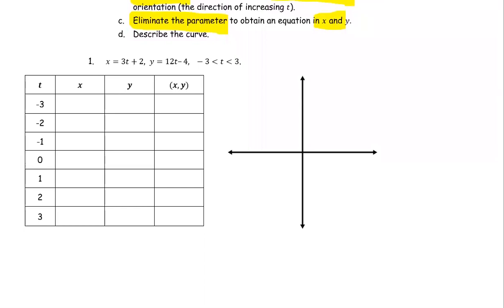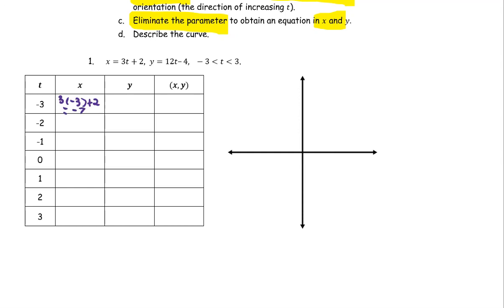Let's get started. The first one, x is formed by 3t plus 2, and y is formed by 12t minus 4, and t is between negative 3 and positive 3. So for t equals negative 3, x can be found by computing 3 multiplied by negative 3 plus 2, and we obtain negative 7.